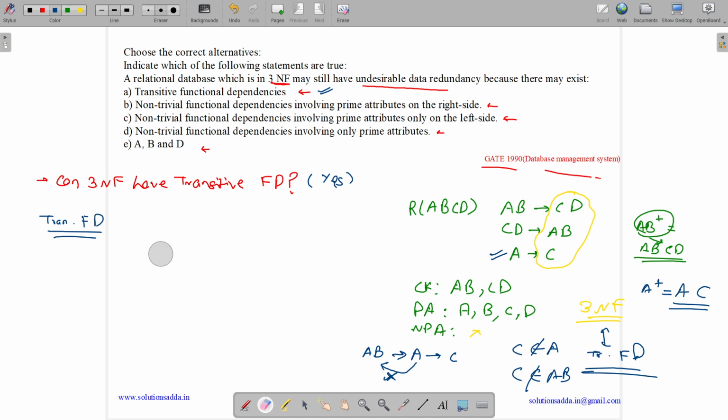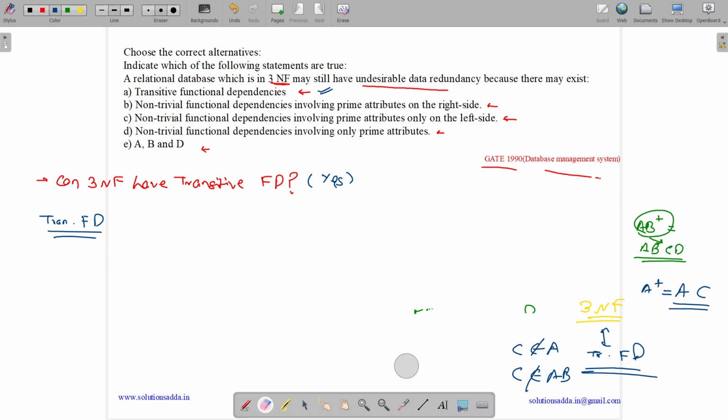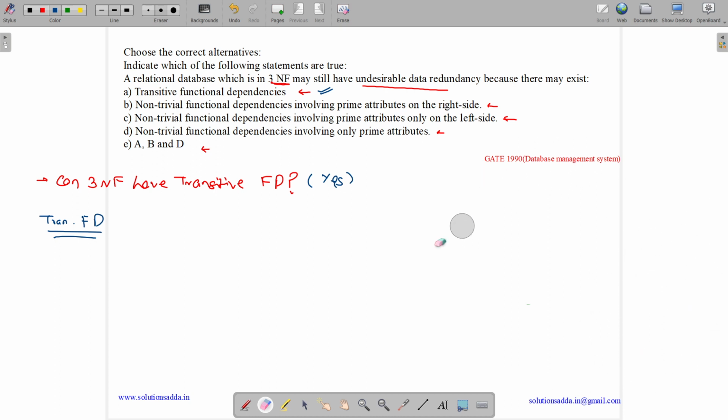Let us see the next option. Just remember a few of the basic things that I am writing over here. Can 3NF have a transitive functional dependency? Yes, 3NF can have a transitive functional dependency.